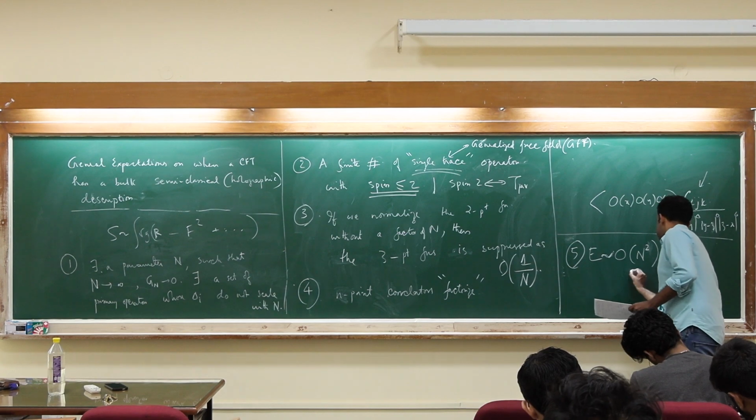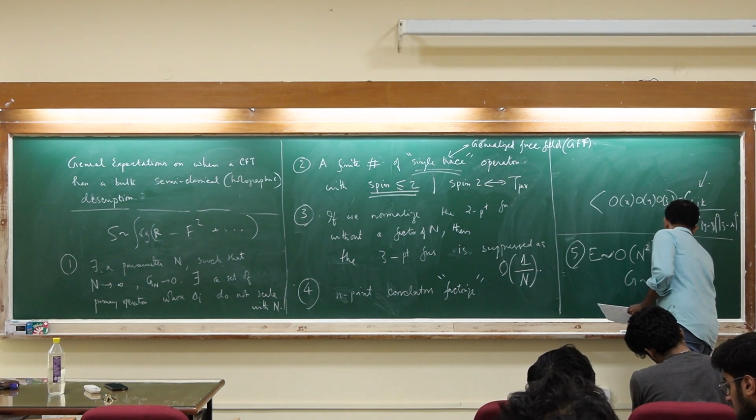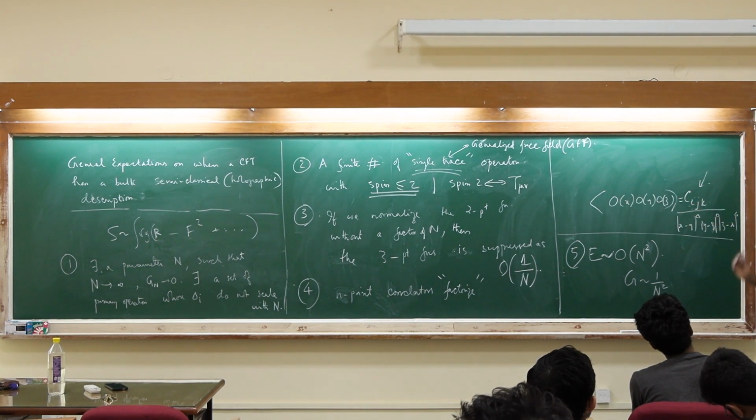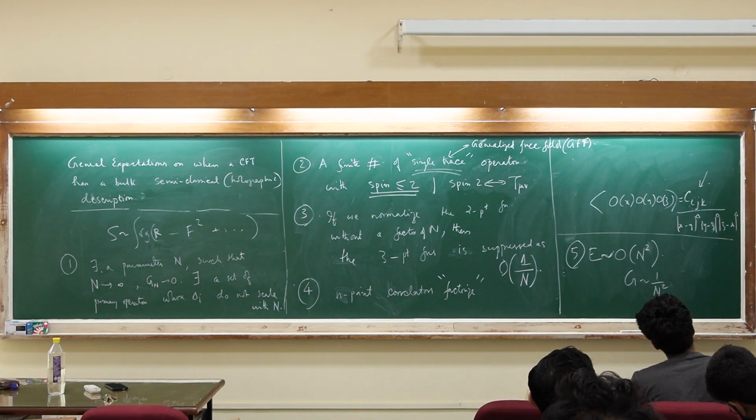The reason I'm saying that is because G goes as 1 over n squared. All the equations that I wrote down, L over L_Planck is equal to some power of n. That's really the statement that G is 1 over n squared.